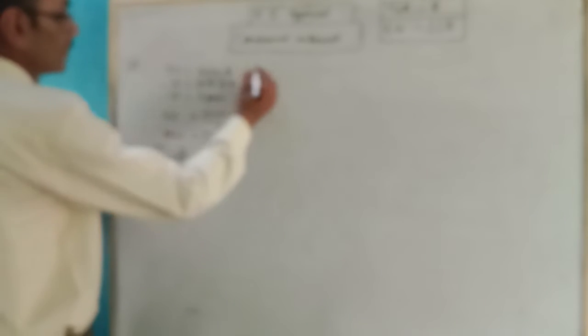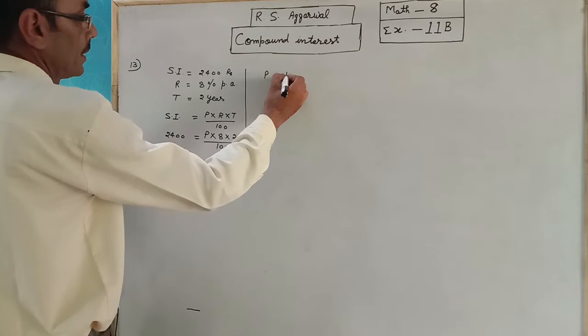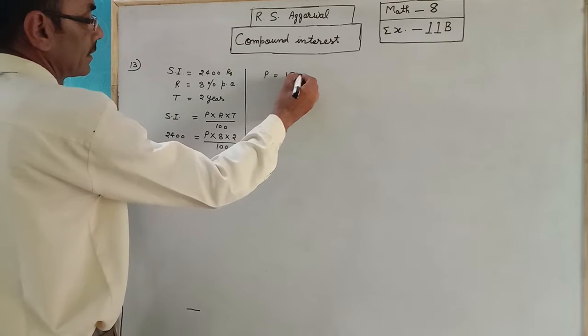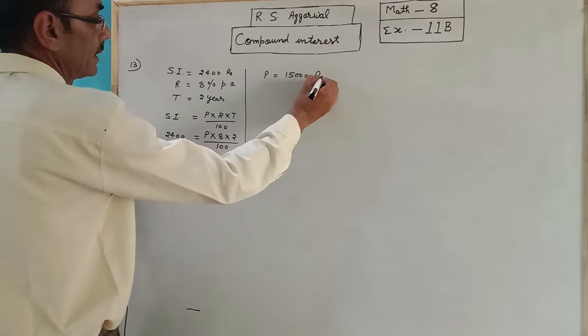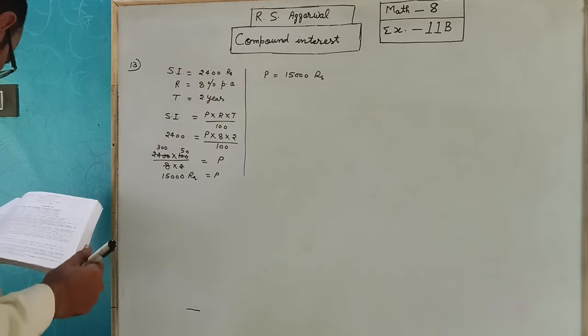After multiply, 15,000. This sum will be 15,000 rupees. Sum will be for compound interest.